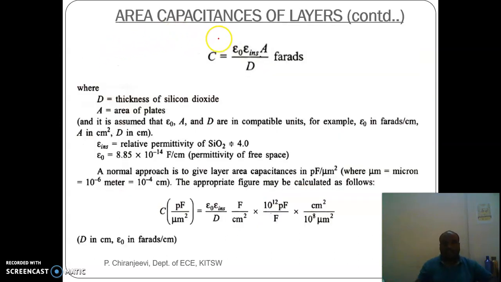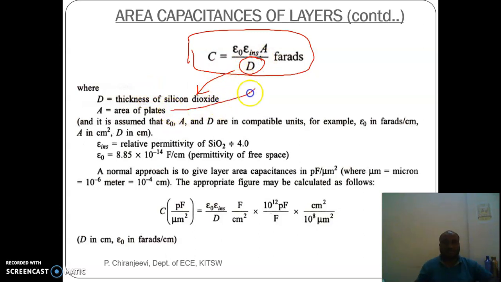Each term in this expression has a representation: D represents the thickness of the silicon dioxide under consideration, and A represents the surface area of the two conducting layers which are separated by the dielectric.